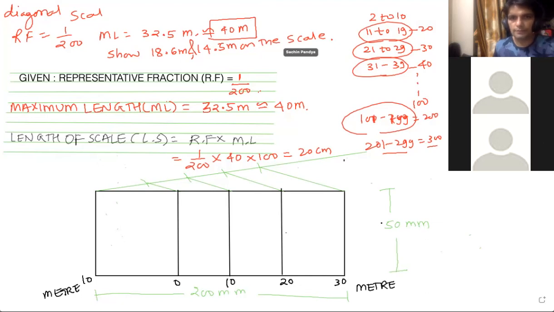So I'll take an inclination. I'll take 1, 2, 3, 4, 5, 6, 7, 8, 9, 10. Then join 10 to this. This is how it will come. Got it?